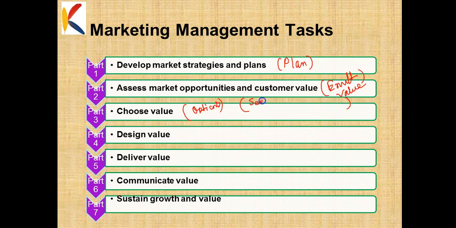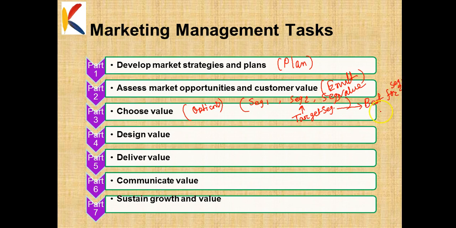So segment 1, segment 2, segment 3, but out of these segments we choose the best segment for us. For example, for ours, segment 2 is the target segment. So when we have targeted this segment, we want to make sure that this segment also finds us as the best brand. This is the best segment for us, and we want to be also the best for this segment.